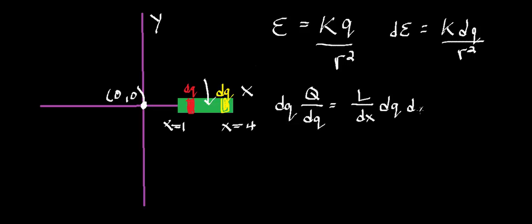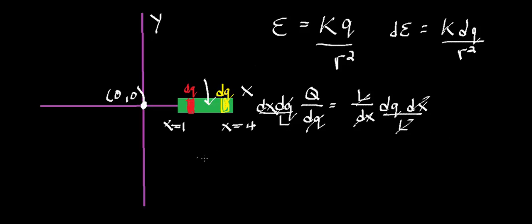On the left side, the dq's cancel; on the right side, the dx's cancel. Let me also divide both sides by L, and the L cancels. Now I've gotten a term for dq.